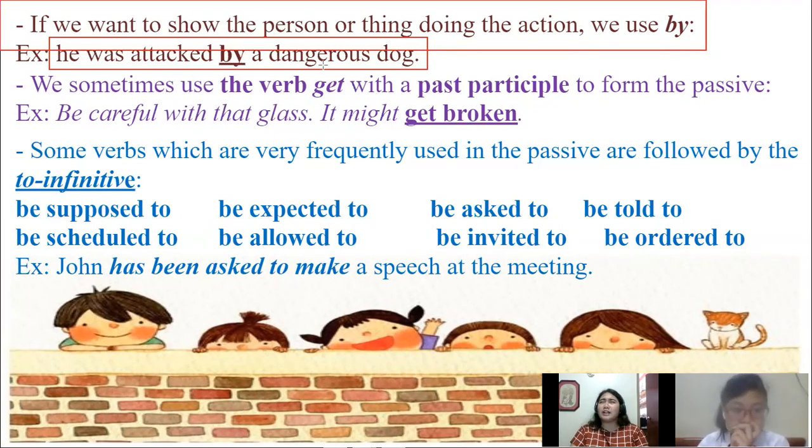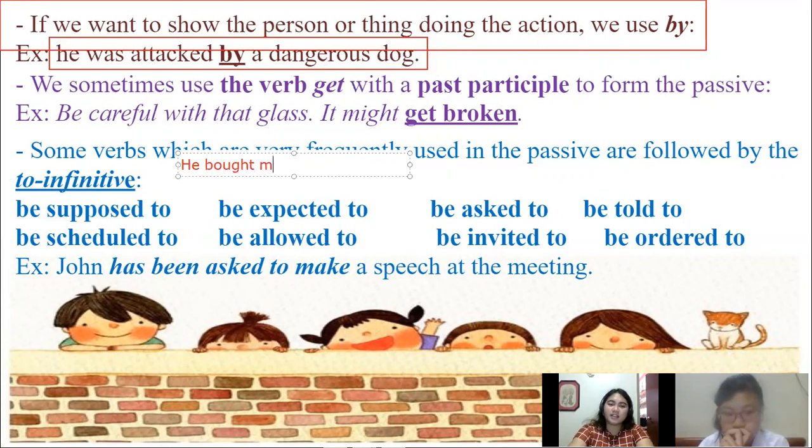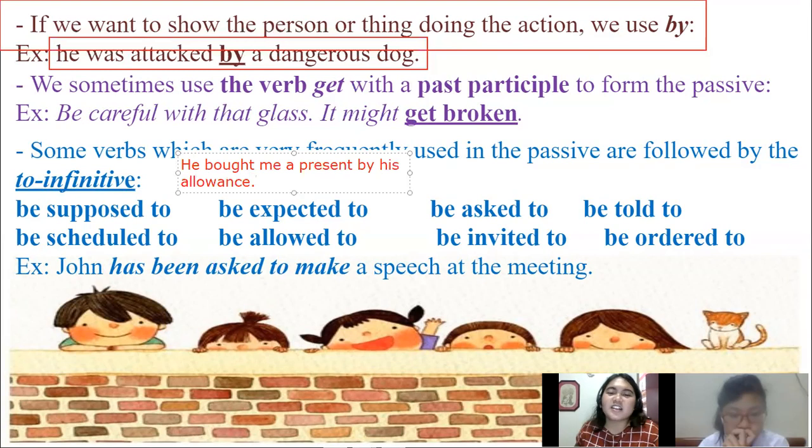Okay. For example, I'll give you another one. He bought me a present by his allowance. All right. So what did he use to buy me a present?